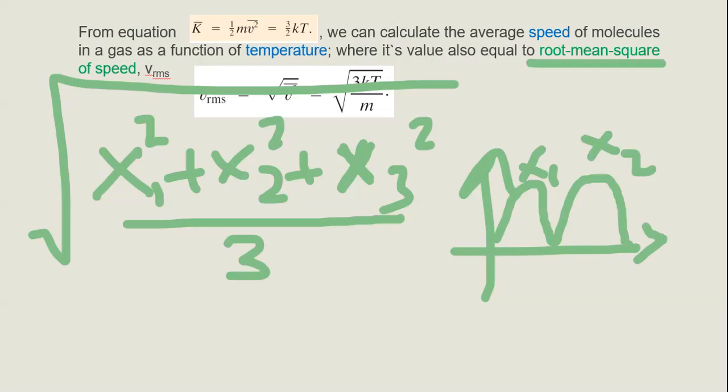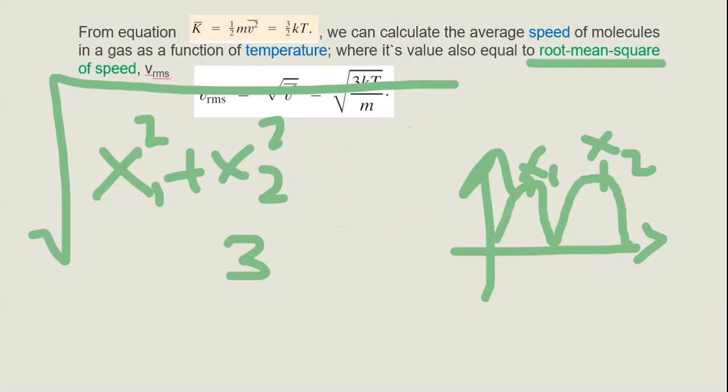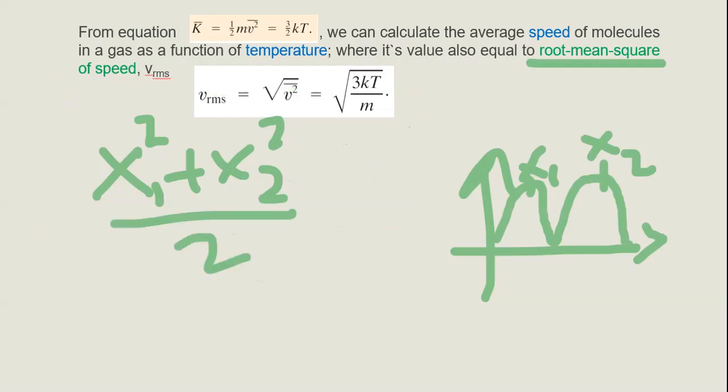Then you want to find the average, which is x1 plus x2 divided by 2.